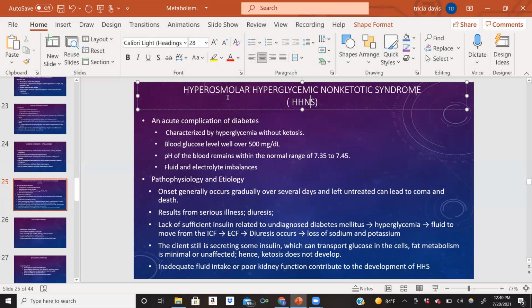So the onset generally is going to occur gradually over several days. However, if patients do not recognize the symptoms and they leave it untreated, it can lead to coma and then actually to death. It results from some type of serious illness in the body, maybe an infection, and it can also come from diuresis.